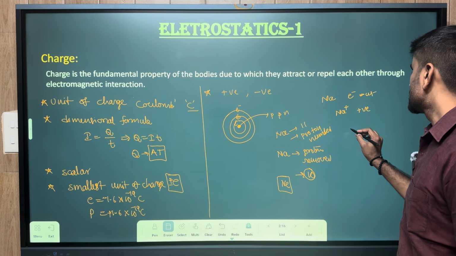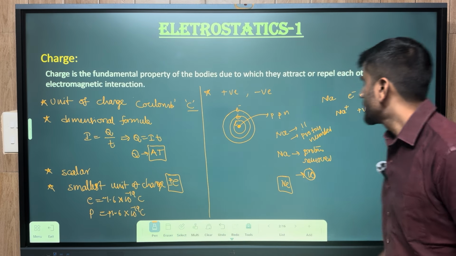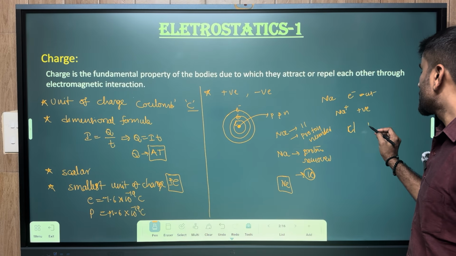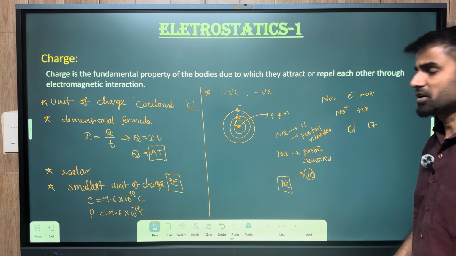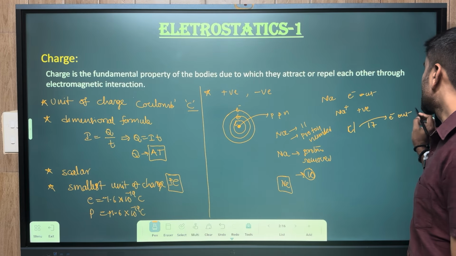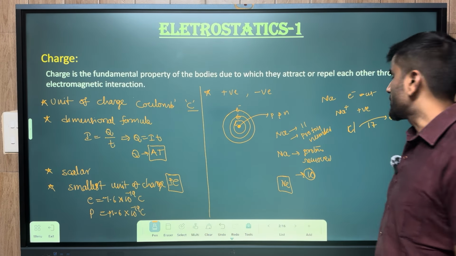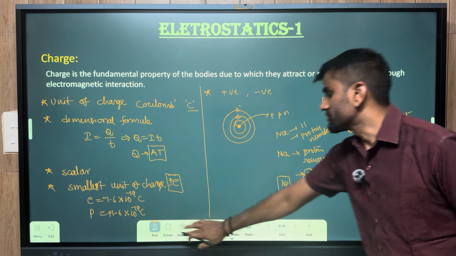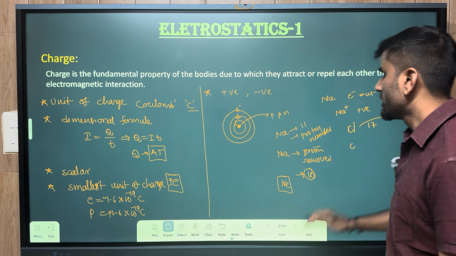chlorine, it has 17 electrons and protons. Let's say I have added one electron.